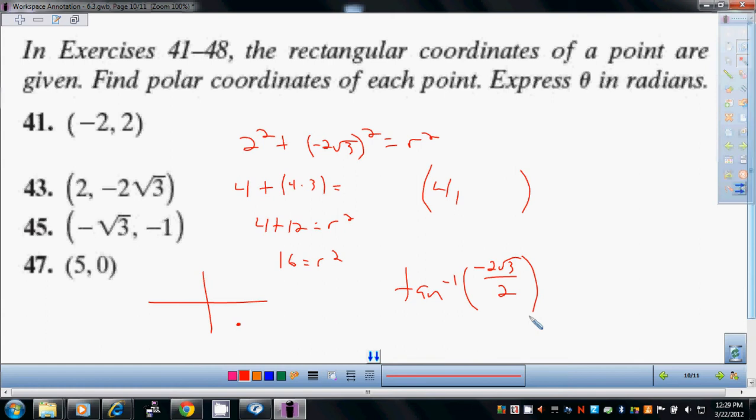Are you sure you're in degree mode? Negative 60? I'll get your calculator in just a second. Who else is getting negative 60? Okay, good. So we're going to go with that for just a second.